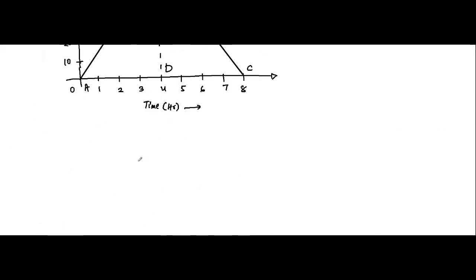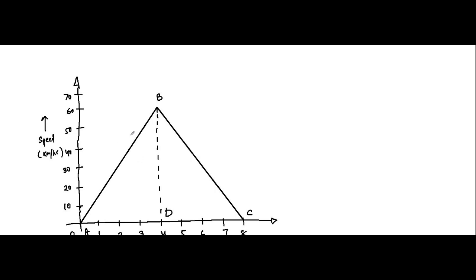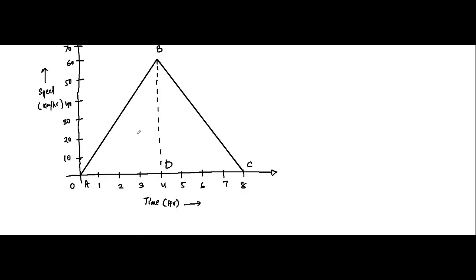So now we'll start. This is one-dimensional motion, so speed is the same as velocity because direction is not changing. If we say speed in one-dimensional motion in a straight line, it is the same as velocity if direction is not changing.